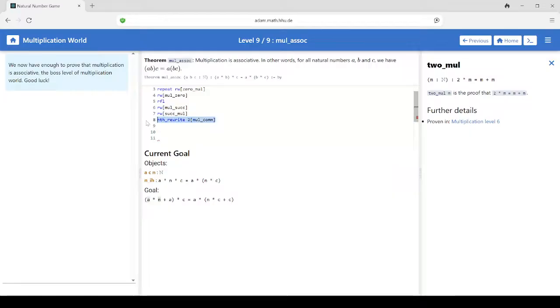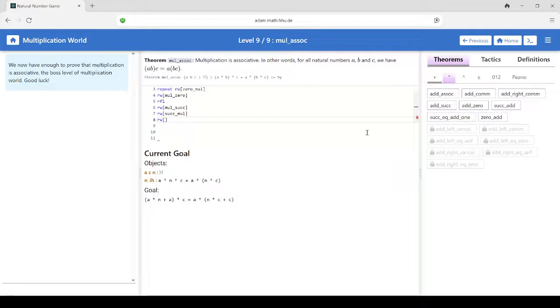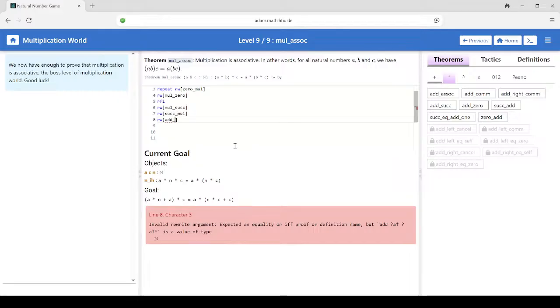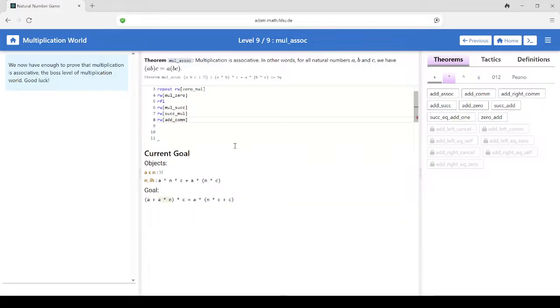If I used... I don't really see how that helps me.